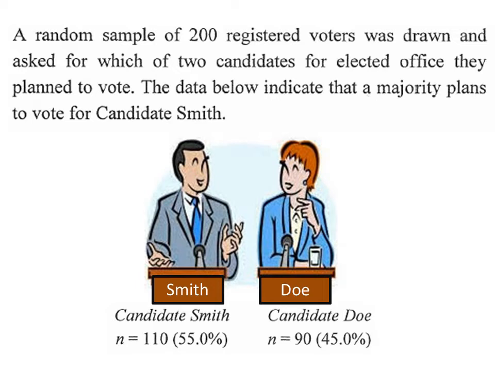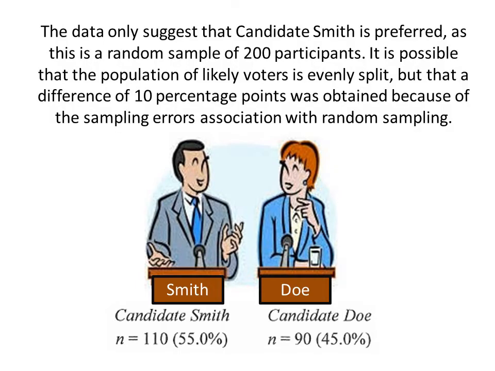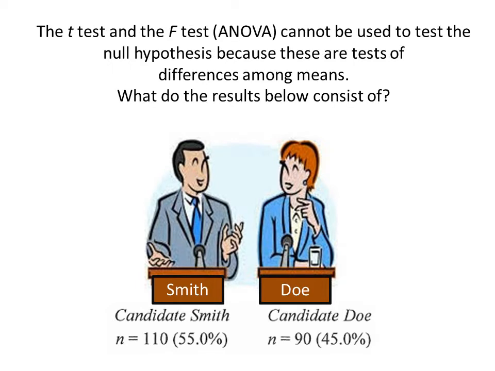For this possibility, the null hypothesis states that there is no true difference in the population, that the population of registered voters is evenly split.